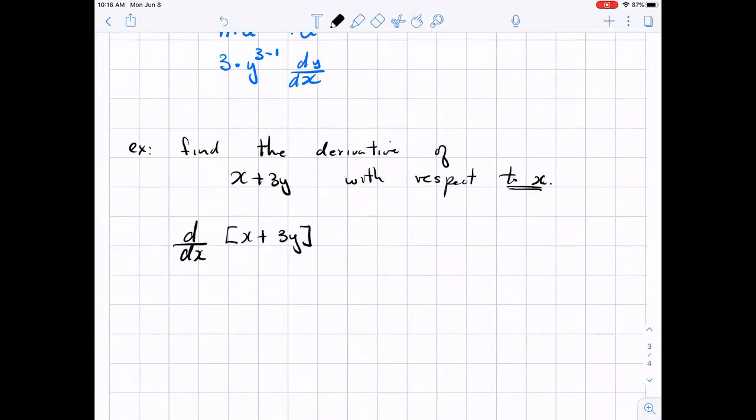So we know that the derivative of this is the same as d dx of x plus d dx of 3y. So notice here the variable does not match.